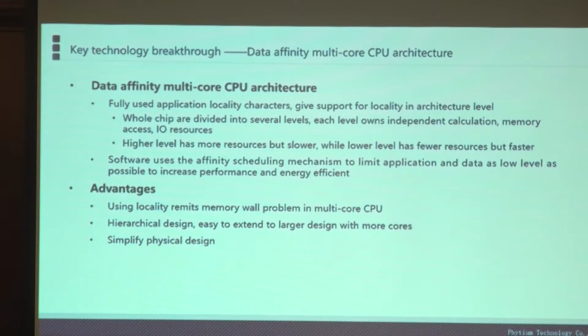Software uses an affinity scheduling mechanism to keep the application and data at as low a level as possible to increase performance and energy efficiency. We can see the advantages: using locality relieves the memory wall problem in multi-core CPUs, and the hierarchical design is easy to extend to larger designs with more cores and simplifies physical design.